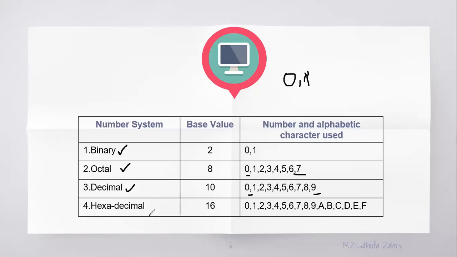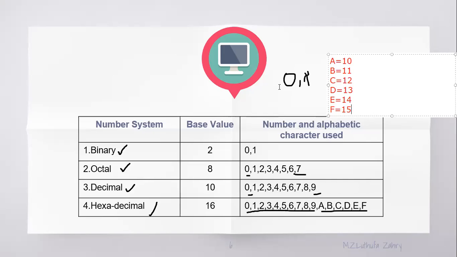And if it is hexadecimal, it's going to be 0 to F. What does 0 to F mean? It means 0 to 9 will be normal decimal numbers, and the other 6 will be from the English alphabet, A to F. A will be equal to 10, B equal to 11, C equal to 12, D equal to 13, E equal to 14, and F equal to 15.